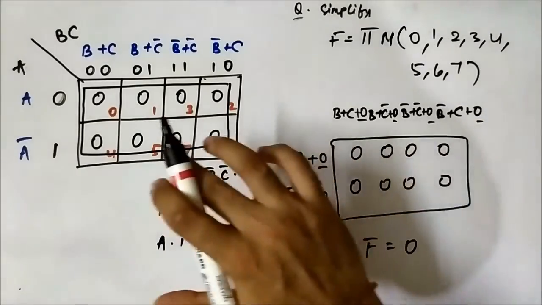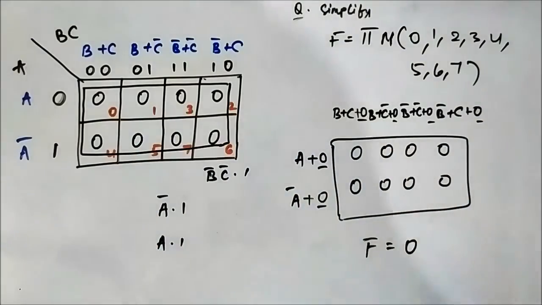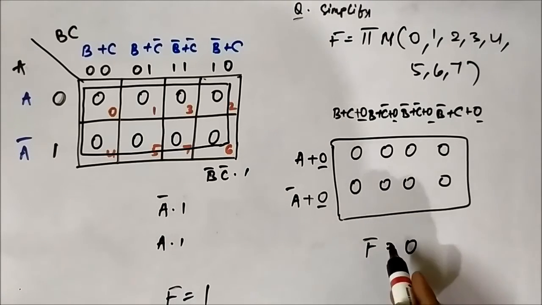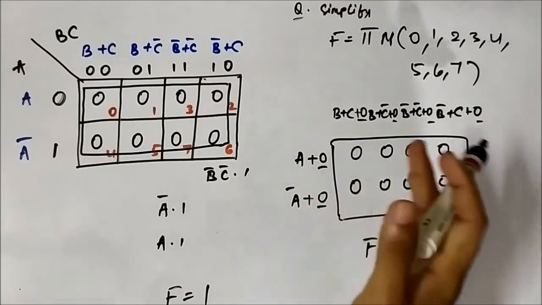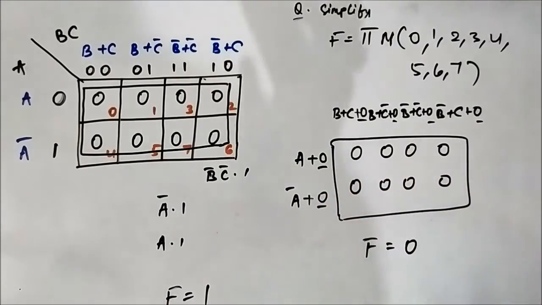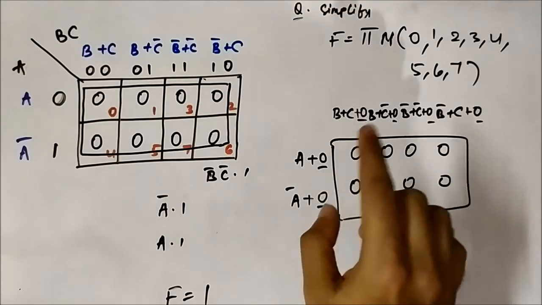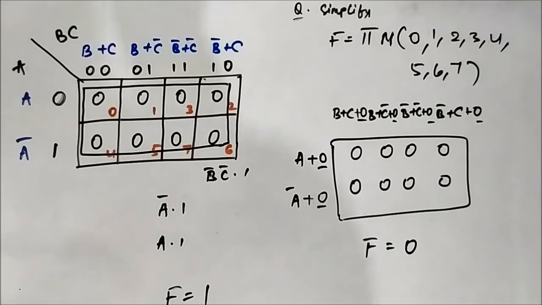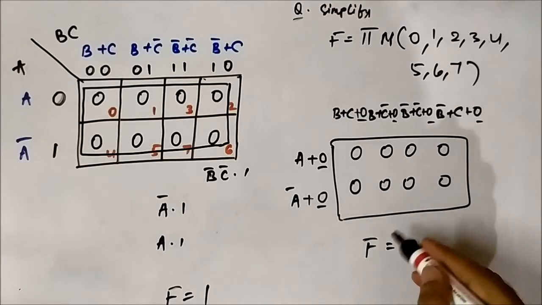In the vertical side we multiplied 1, and the horizontal side we multiplied 1, and the simplified Boolean expression came as 1. Here, as it is POS, its sum, we cannot OR 1 because it will change. Anything ORed with 1 will get as 1. So we cannot do that. So we can only OR it with 0, and we got the simplified Boolean expression as 0.